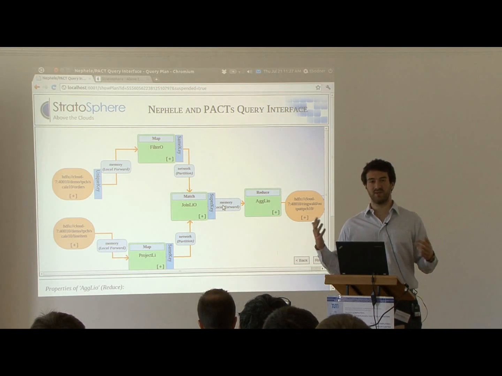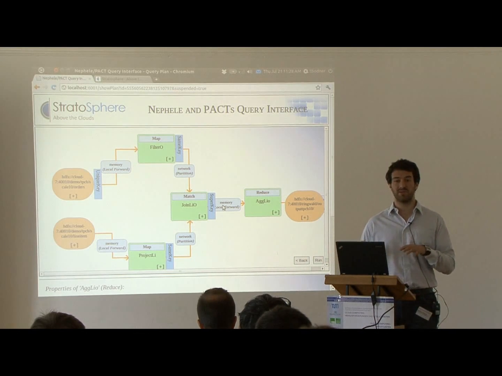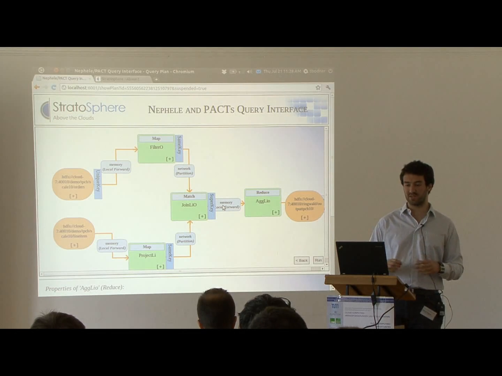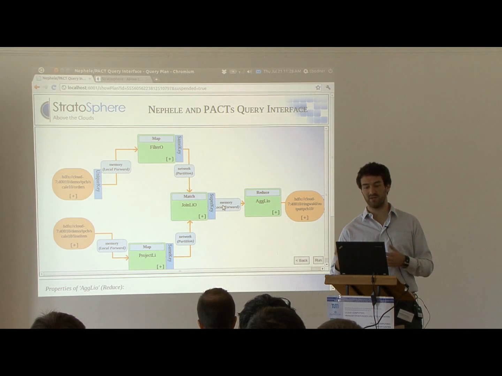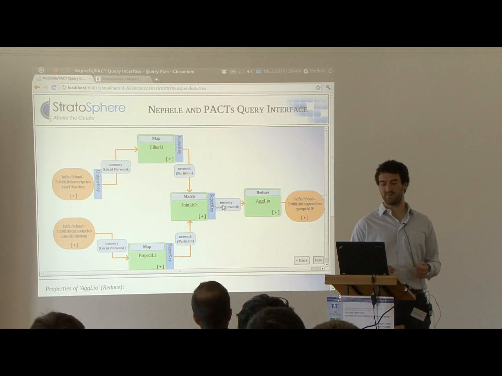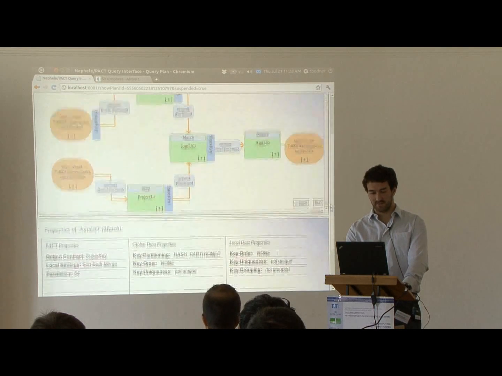So we probably have to sort the data, but we do not have to partition it anymore because all is already partitioned. And also here we notice that we do not need any combiner because if we are doing our reduce locally anyways, then there's no need for any combiner. So you can see it on the base here.